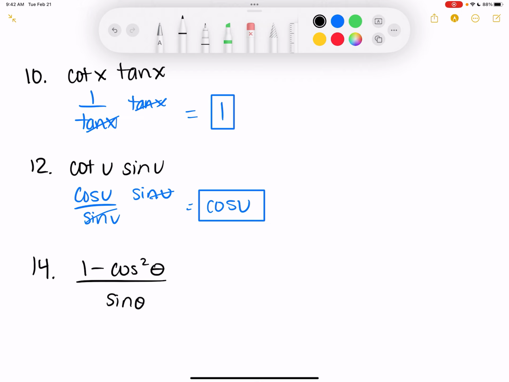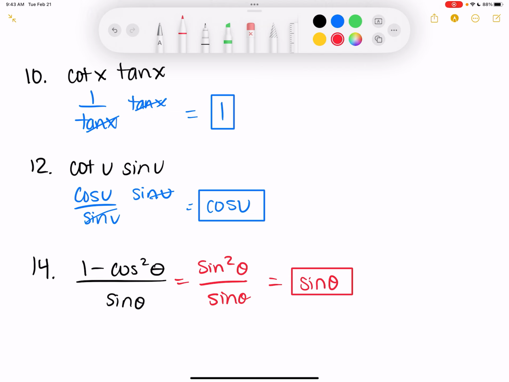Okay, 1 minus cosine squared can be sine squared. Yep. So sine squared plus cosine squared is equal to 1, so 1 minus cosine squared would be equal to sine squared. Oh, I see. So sine squared of theta over sine of theta would be equal to just sine of theta. Could you repeat that?